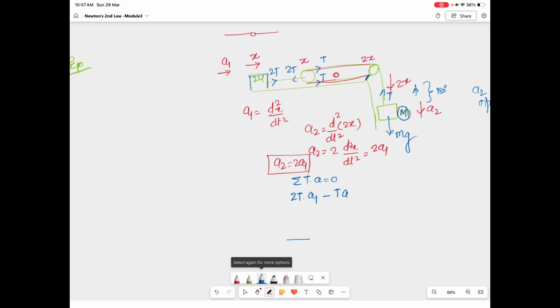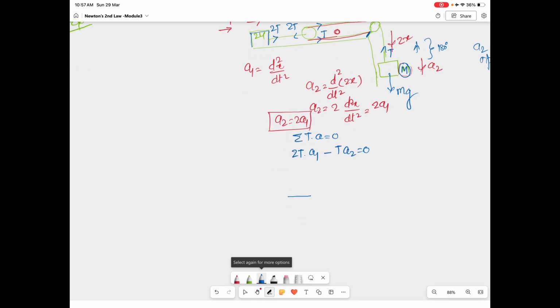So this is minus T times A2 is equal to 0. So I can write 2T times A1 is equal to T times A2. Therefore, T and T get cancelled. So A2 is nothing but 2 times A1. So we got the same relation with this also.